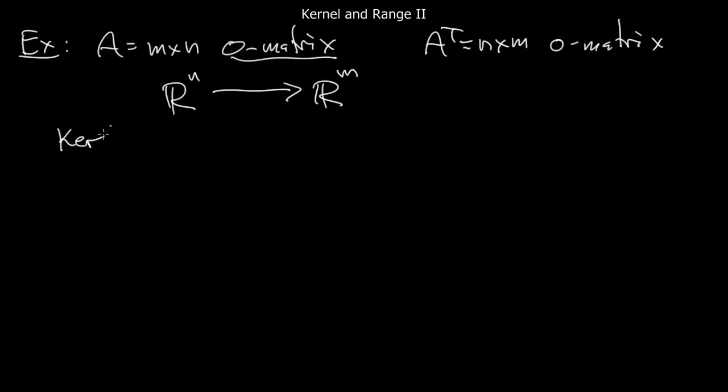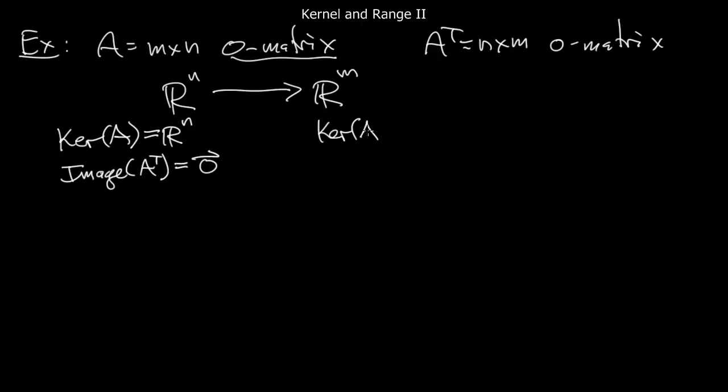So both of these maps are the zero maps. The kernel of A is what? Well, it's all of Rn. Every vector goes to 0. And what's the image of A transpose? Just the 0 vector. And similarly, the kernel of A transpose is all of Rm, and the image is the 0 vector.